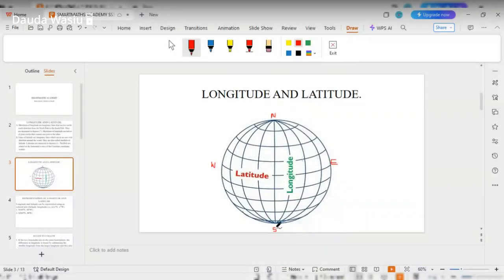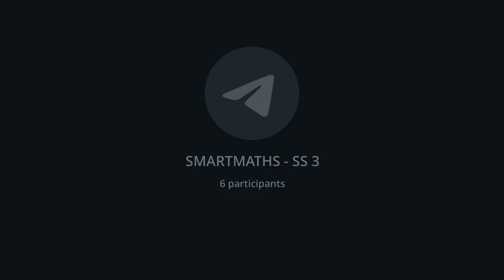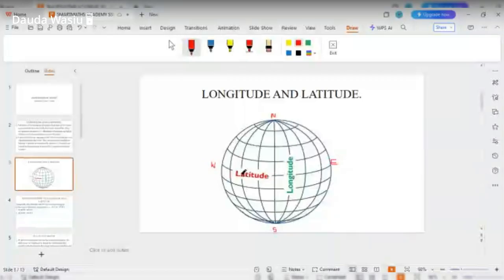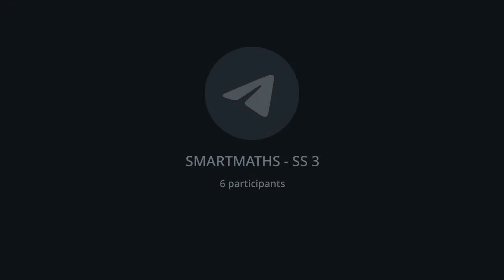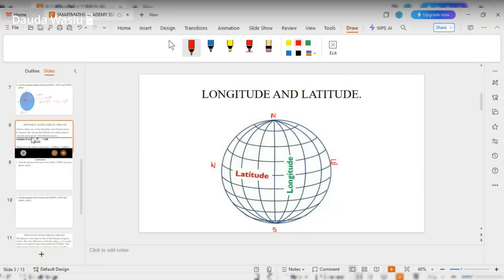But on the latitude, it's only the equator that is at the middle of the earth surface, horizontally. So the distance along the equator is the distance along the great circle among the latitudes. The other ones are on the small circle. Let me go back to slide 8.